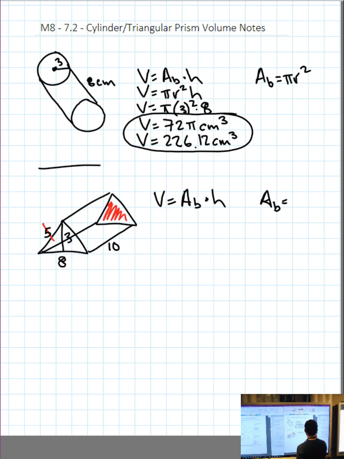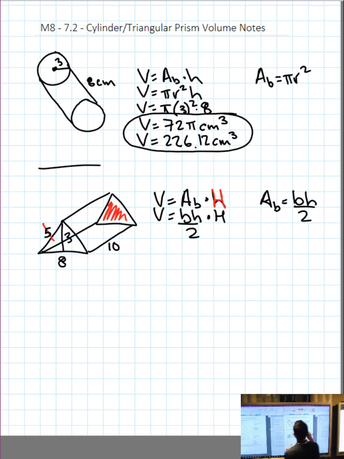And that's a triangle. We know the formula is base times height divided by 2. So we can substitute. So V equals the formula for the area of the base again, base times height divided by 2 times. Now look at this. We have little h already. So I'm going to change it to be capital H, and I'm going to do it in red above. Being really careful which one is the height of the prism.